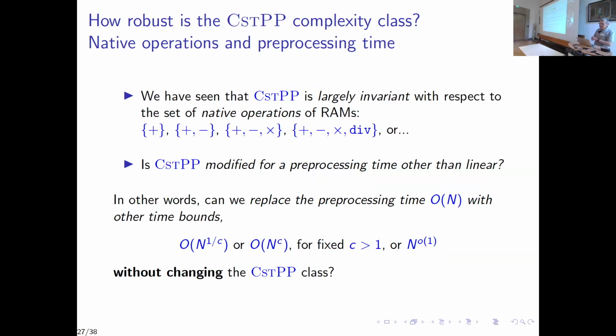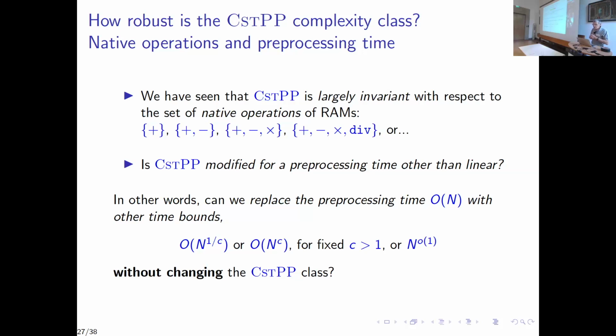How robust is this complexity class? There are two parts: native operations and preprocessing time, which is linear time. Is it mandatory? Not at all. I try to convince you.